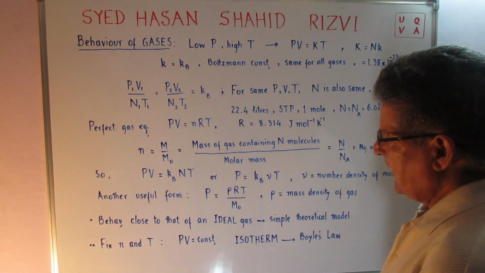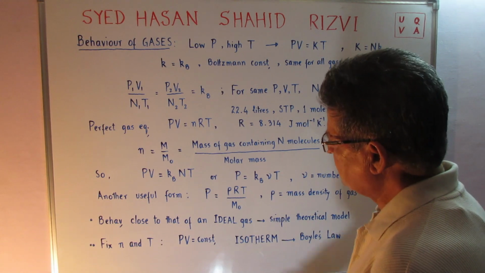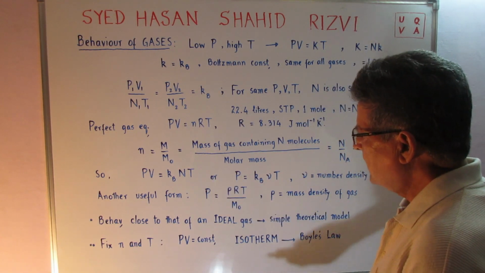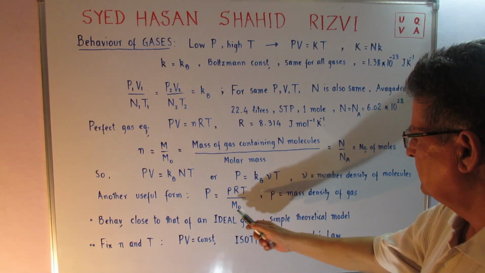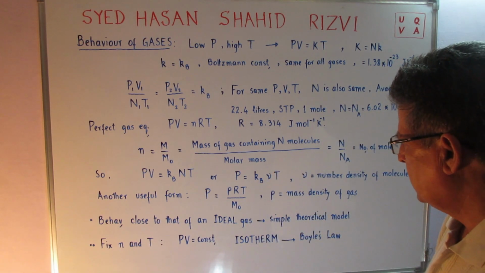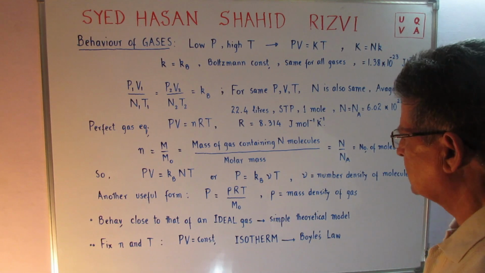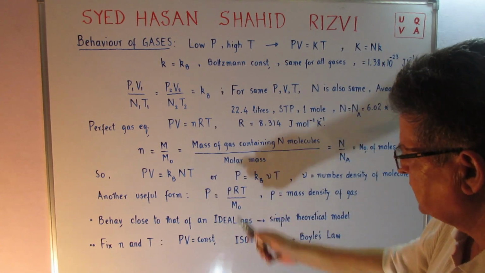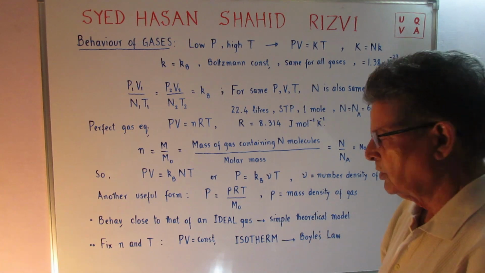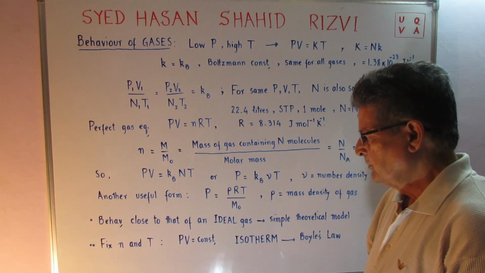We also get another useful form of the same equation. I can write P is equal to rho RT divided by M naught, where rho is the mass density of the gas. You can derive this equation from simple definition of rho, etc.